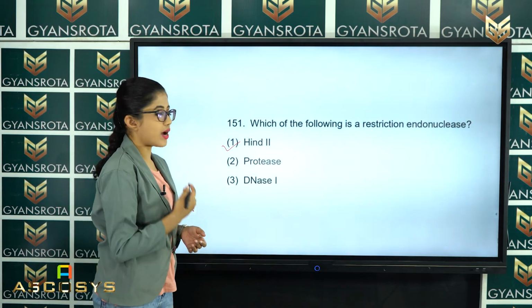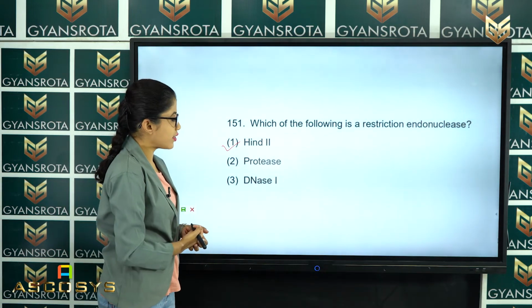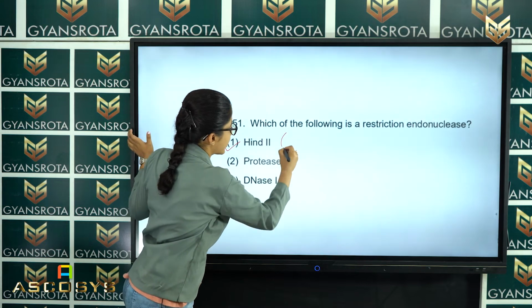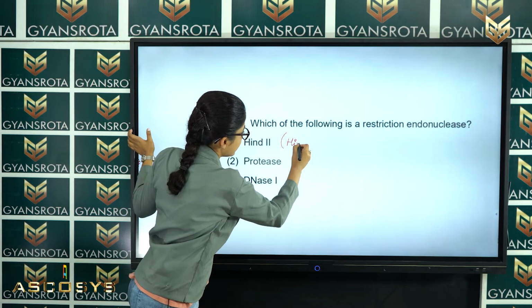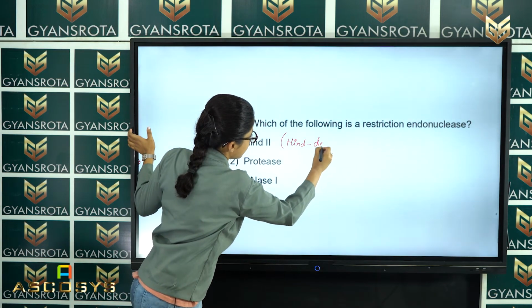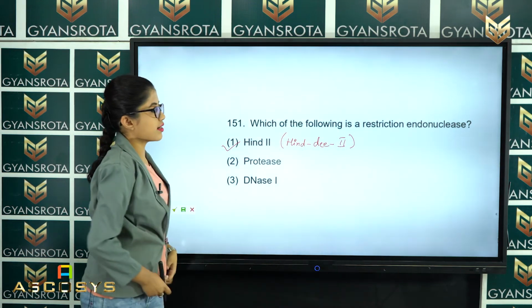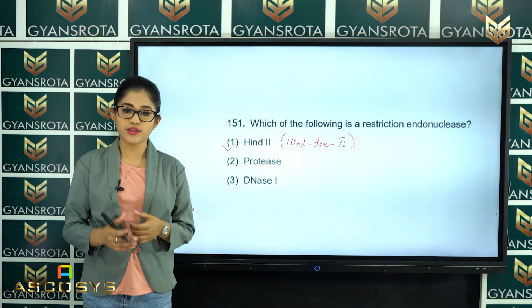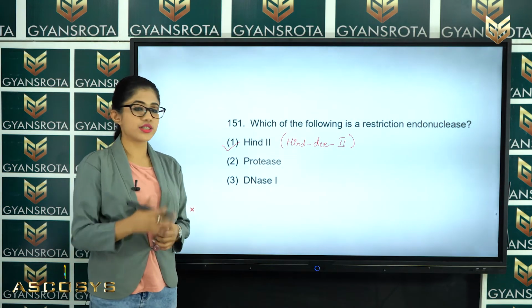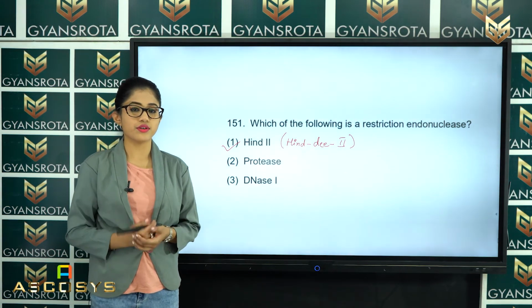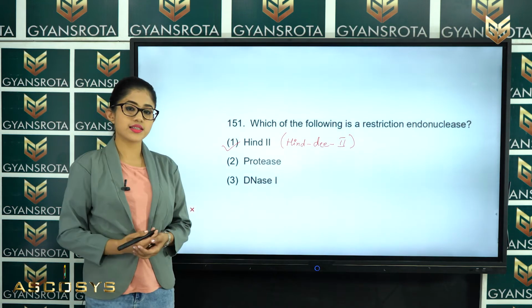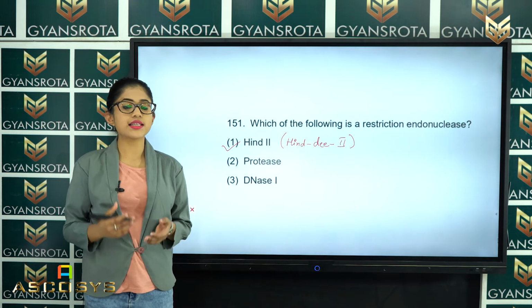Always remember, while pronouncing this restriction endonuclease, we pronounce it like this: Hind, then D and 2. So this is the restriction endonuclease, and the other options are not. So option number 1 is the correct answer. Now let's see the next question.